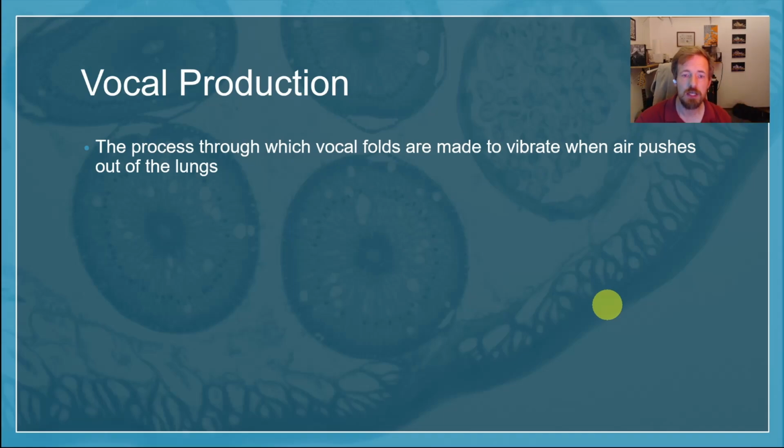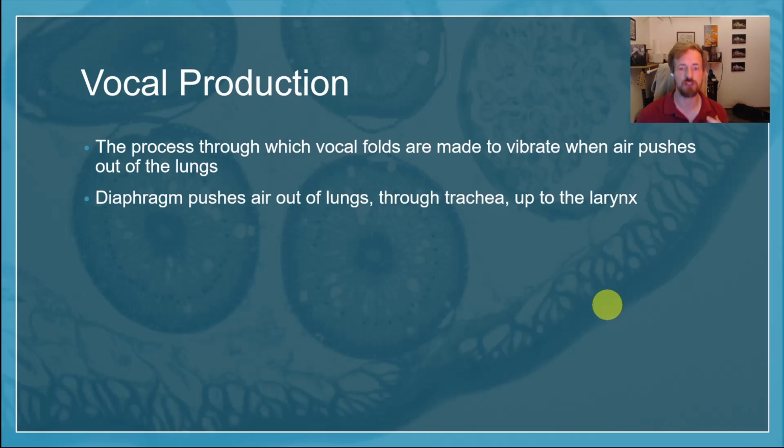Whenever we are creating speech, generally what we are doing is expelling air out of our lungs with our diaphragm. Our diaphragm is pushing the base of our lungs, and it's going to push that air out as we are speaking. That air is going to go through your vocal folds in your larynx, and then after it goes out of there, it goes through your mouth.